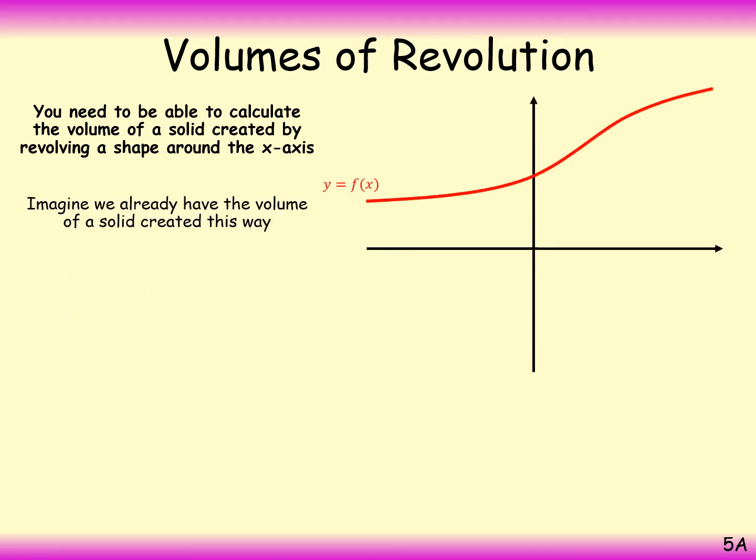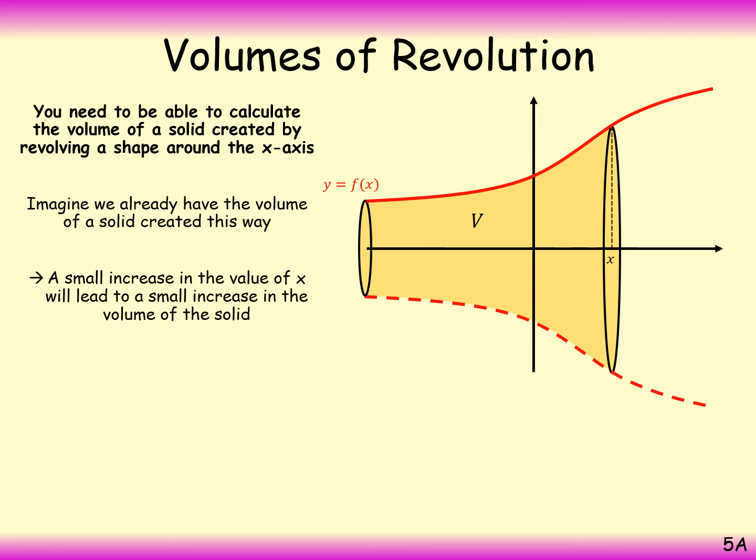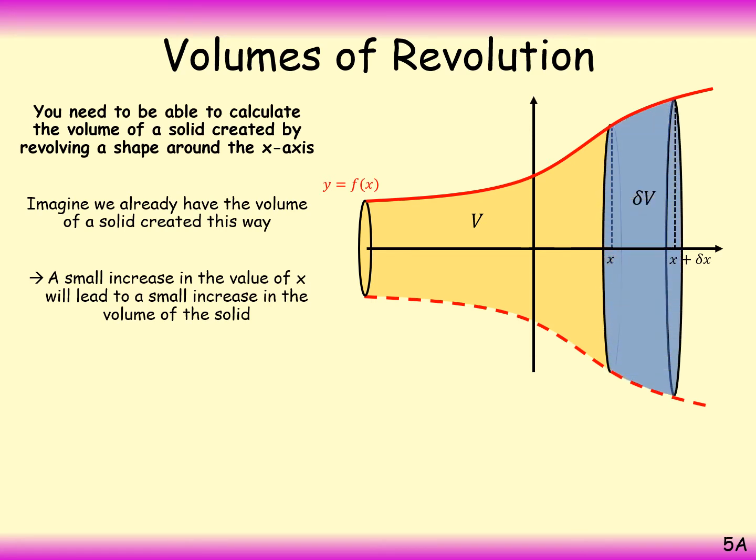So let's have a look at this function. This is just generic y equals f(x). If I rotate this around, I get a volume. So a small increase in the value of x will lead to a small increase in the volume of the solid. If we magnify this, we're looking at the distance from x to x plus delta x.